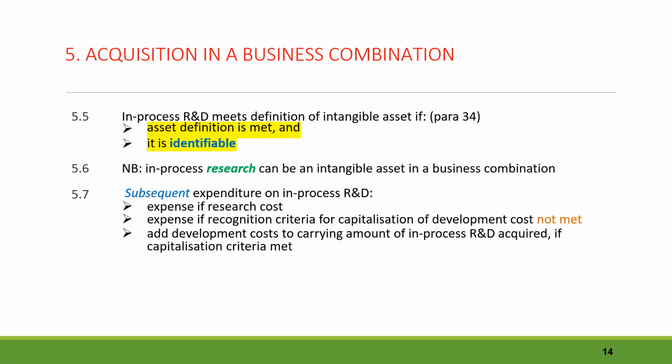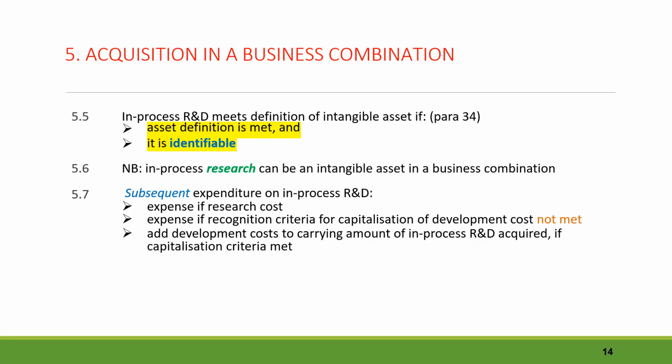Now, if the intangible asset is recognized as part of the business combination and it was an in-process research intangible asset, meaning that it was still in the research phase, then for subsequent measurement, we expense the costs if it's still in the research phase.